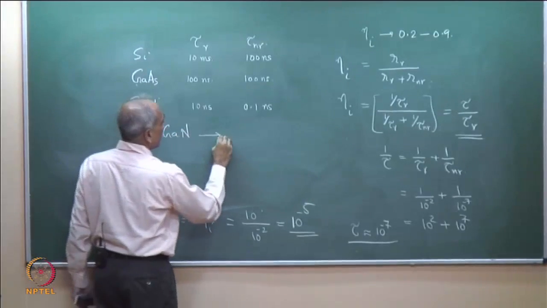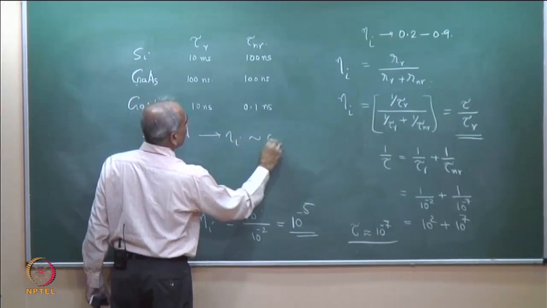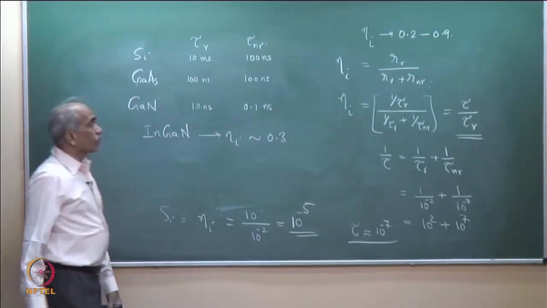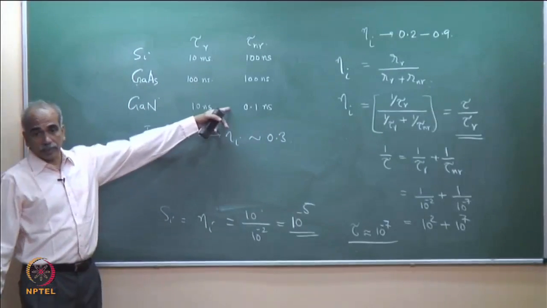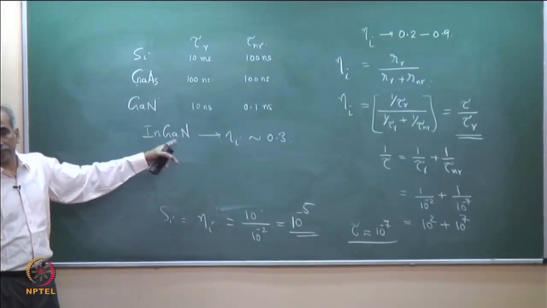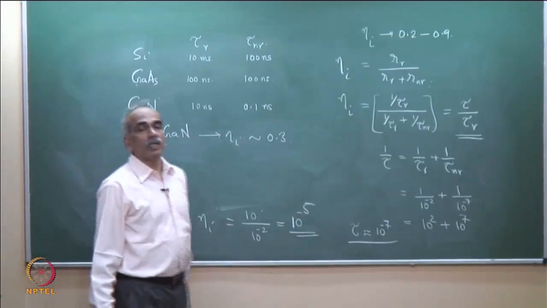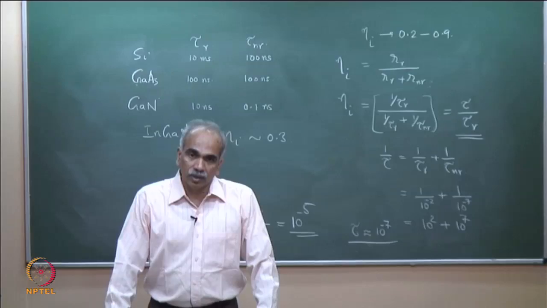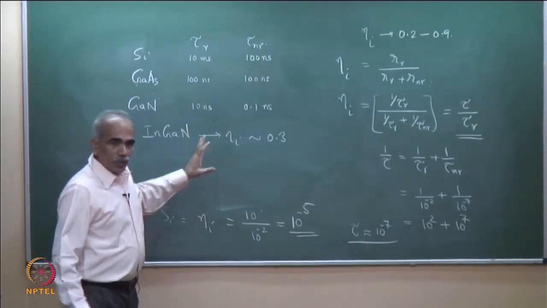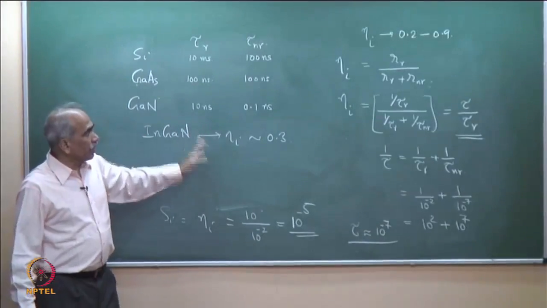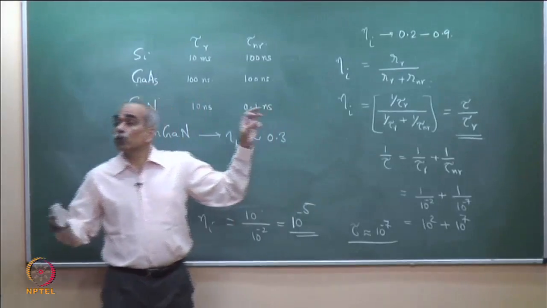This has an eta I of approximately 0.3. This is very small, eta I of gallium nitride, but indium gallium nitride, the ternary compound, has a very large internal quantum efficiency. So, the first point is, when you choose a material, choose to realize sources.